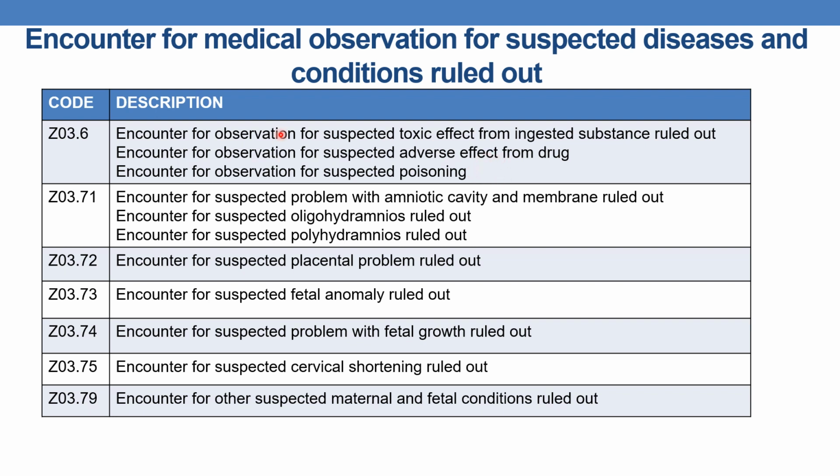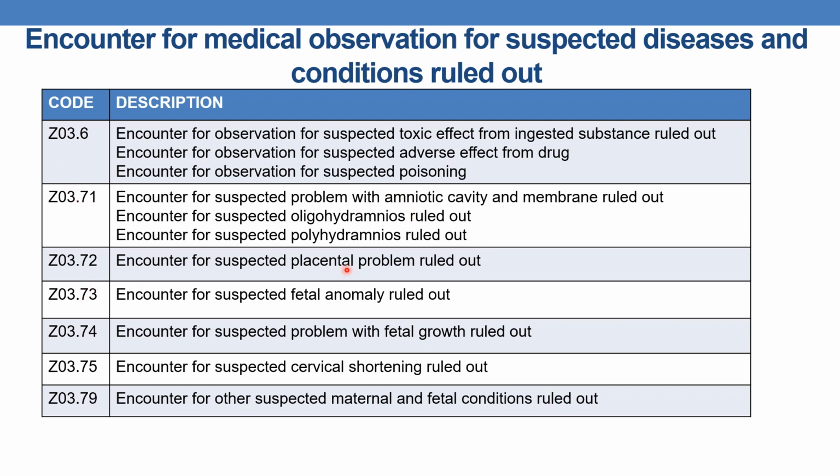In all these three cases, you need to code Z03.6. Next is Z03.71, encounter for suspected problem with amniotic cavity and membrane ruled out, or encounter for suspected oligohydramnios ruled out, or encounter for suspected polyhydramnios ruled out. In all these three cases, you need to code Z03.71.